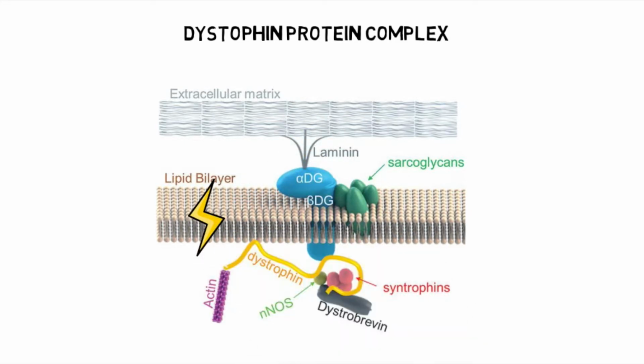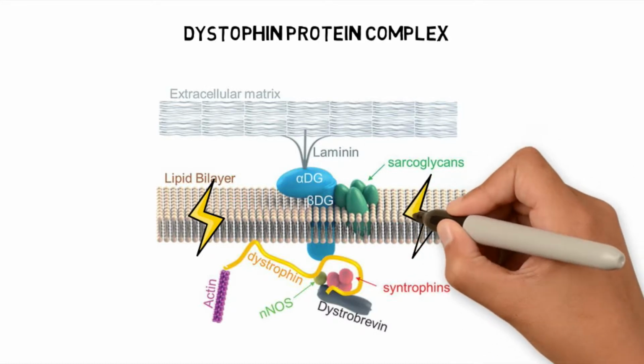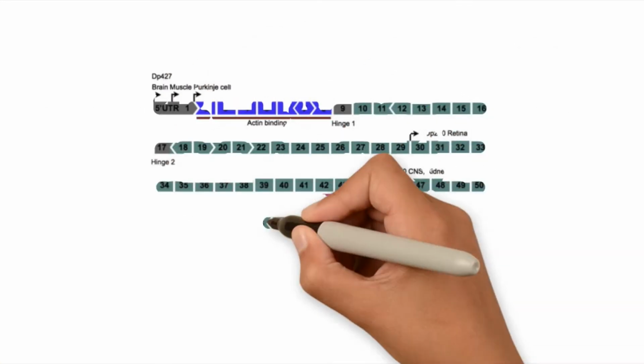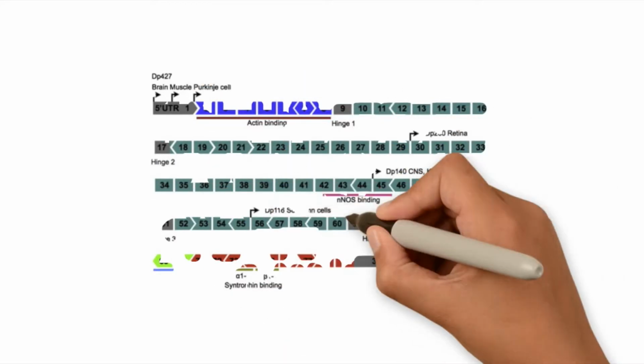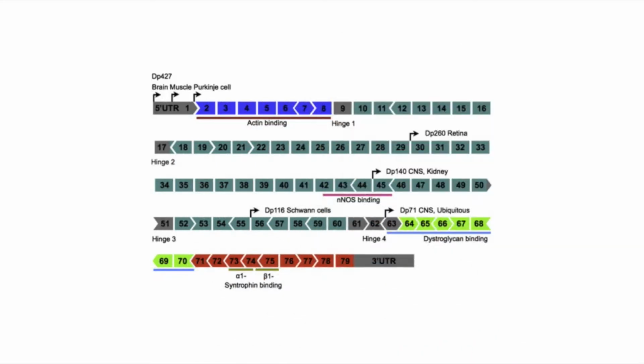The complex is not only found in the muscle cell, but also in other parts of the body in various isoforms. The gene encoding dystrophin has 79 exons. The muscular dystrophin is the full-length protein, but many other lengths exist due to differential mRNA splicing. Muscle dystrophin has a molecular weight of 427 kilodaltons and is referred to as dystrophin protein, or DP 427M, for muscle.